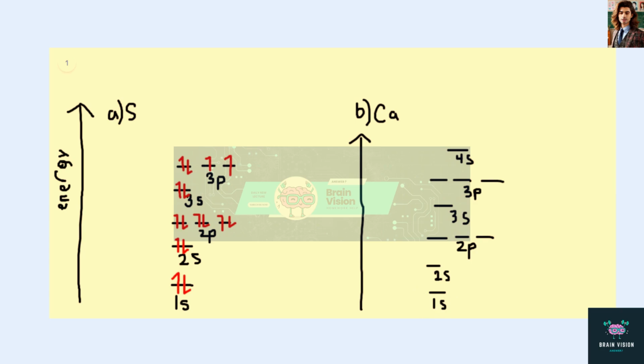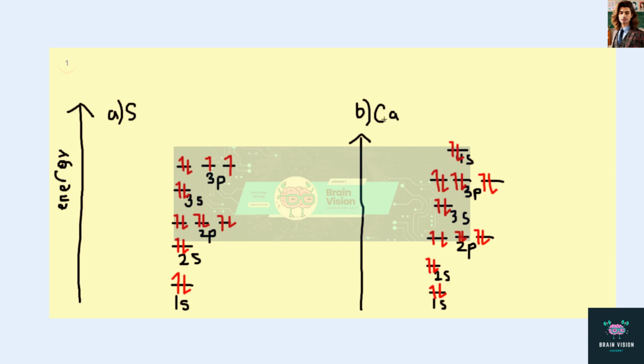So calcium has an atomic number of 20, so we have 20 electrons in the neutral atom. When we fill them in, we have 1 down, 1 up, 2, 3 and 4, 5, 6, 7, 8, 9, 10, 11, 12, 13, 14, 15, 16, 17, 18, 19, and 20.